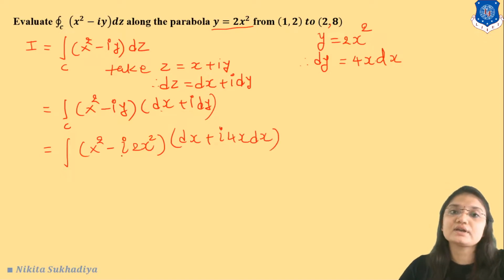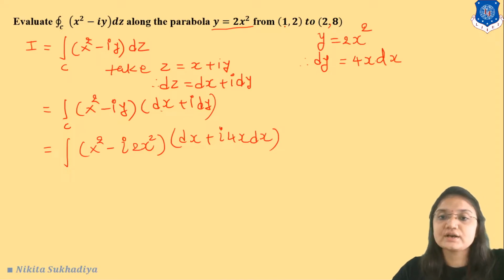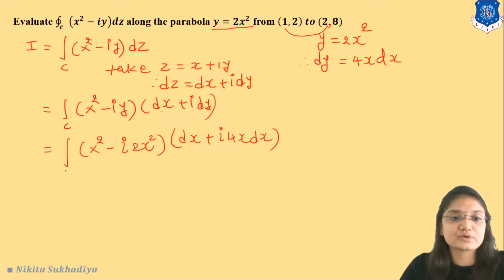Okay, so now here you can clearly see that this is a function of x, and we are taking the integration with respect to x. So put here the limit of x. Here you can clearly see that x is going from 1 to 2, so put the limit from 1 to 2. Okay, so now we will get the integral from 1 to 2.